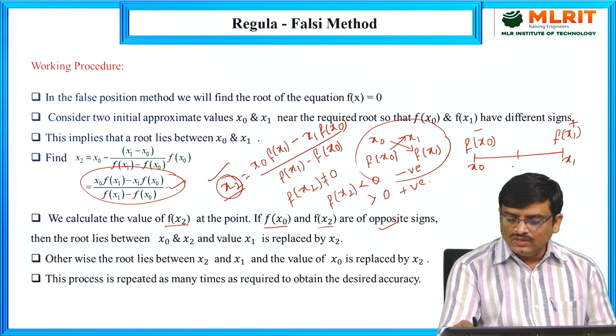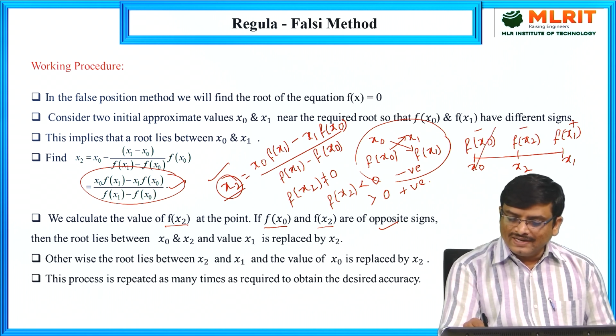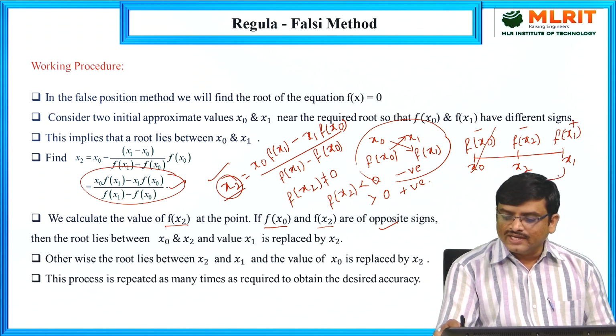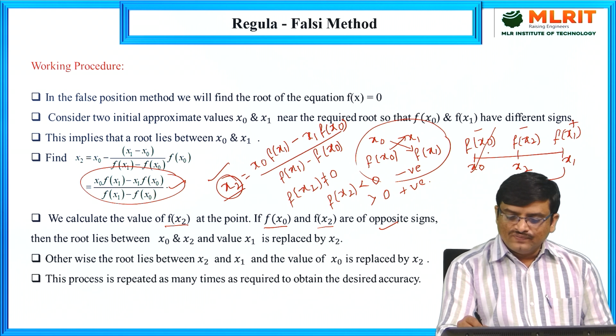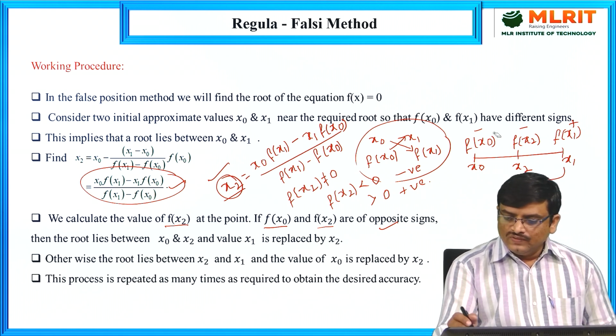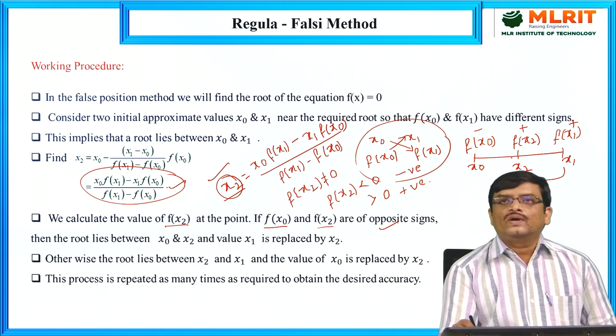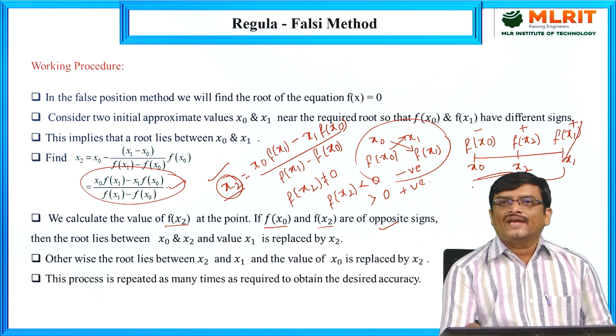In between, we have taken one point, that is x2, and we got the function value of x2. Suppose f of x2 is a negative value, then we can neglect x0 and take x1 and x2 for the next iteration. And if we get this f of x2 value as a positive value, then we can neglect x1 and go for the next approximation in between x0 and x2.